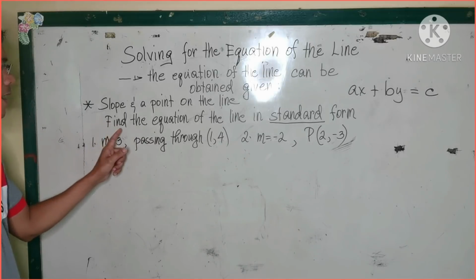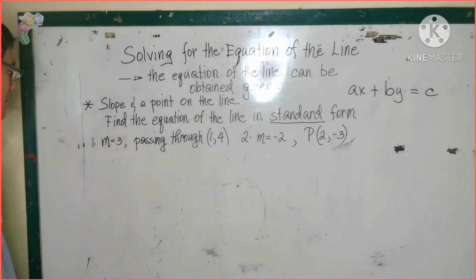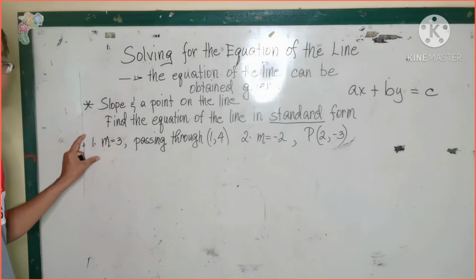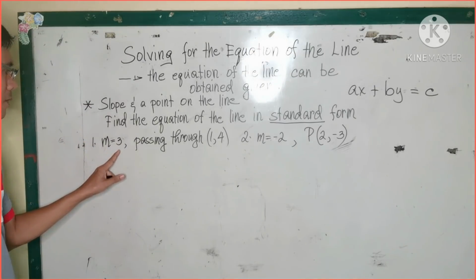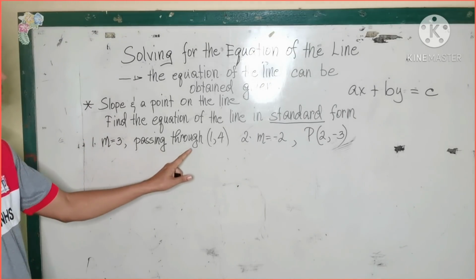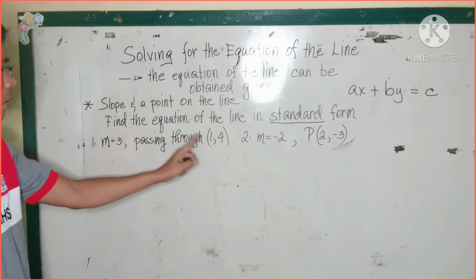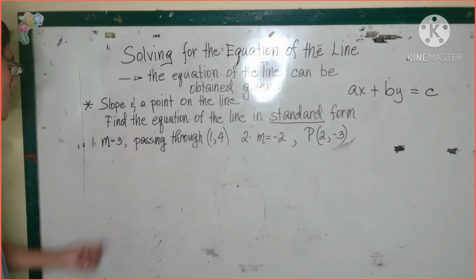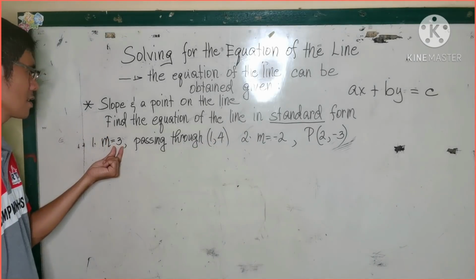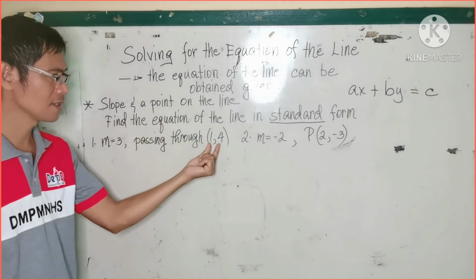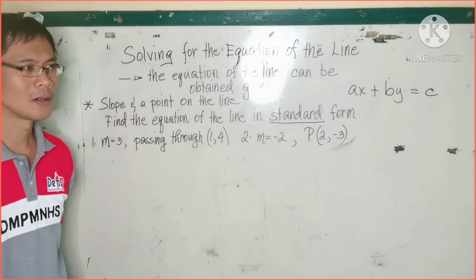Find the equation of the line in standard form. Number 1. m is equal to 3 passing through (1, 4). So we have there the slope which is 3 and a point that is (1, 4).